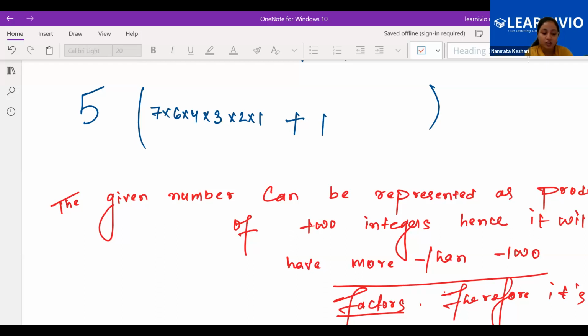Now let me take the question which I was talking about, an LCM and HCF question from our previous year question paper. The question can be like this.